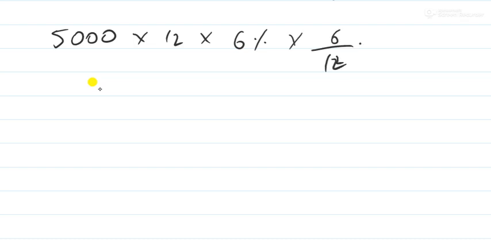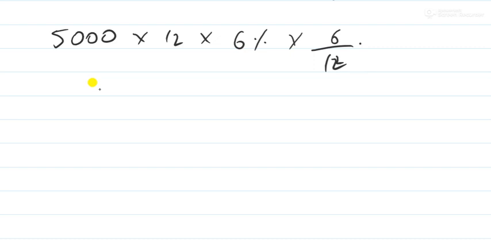So what did we used to do? 5000 every month, right? So 5000 into 12 into, suppose the rate of interest is 6%, into 6 by 12. So in the case of quarters also, what do we do? We just multiply it by 6 by 12.